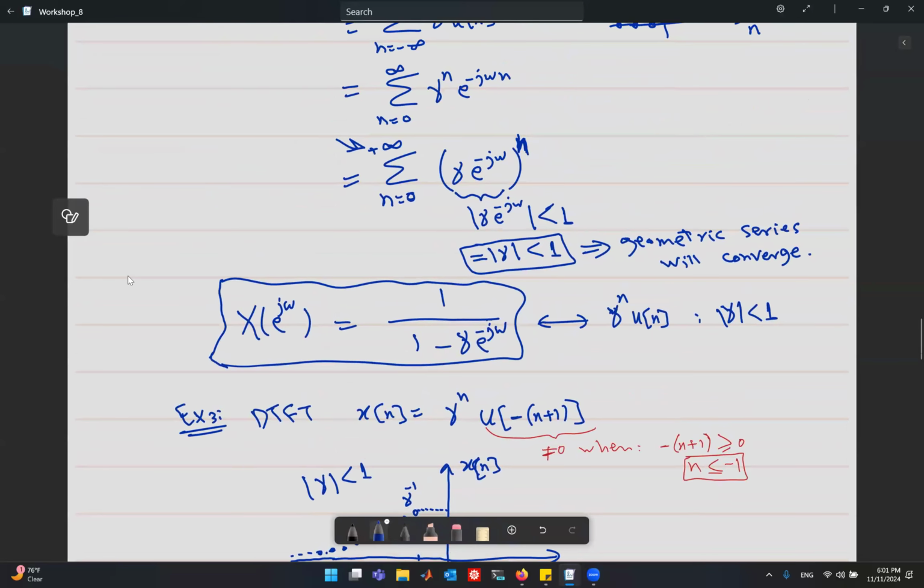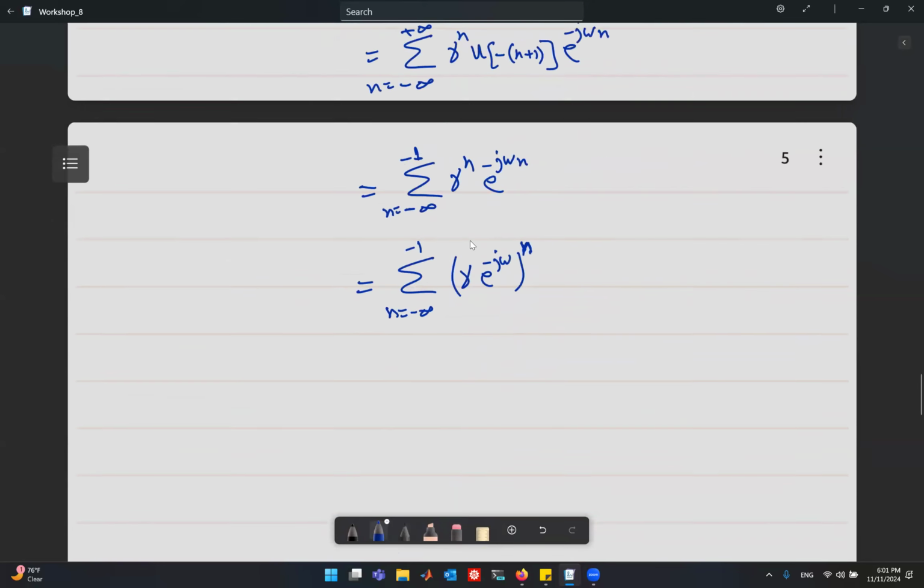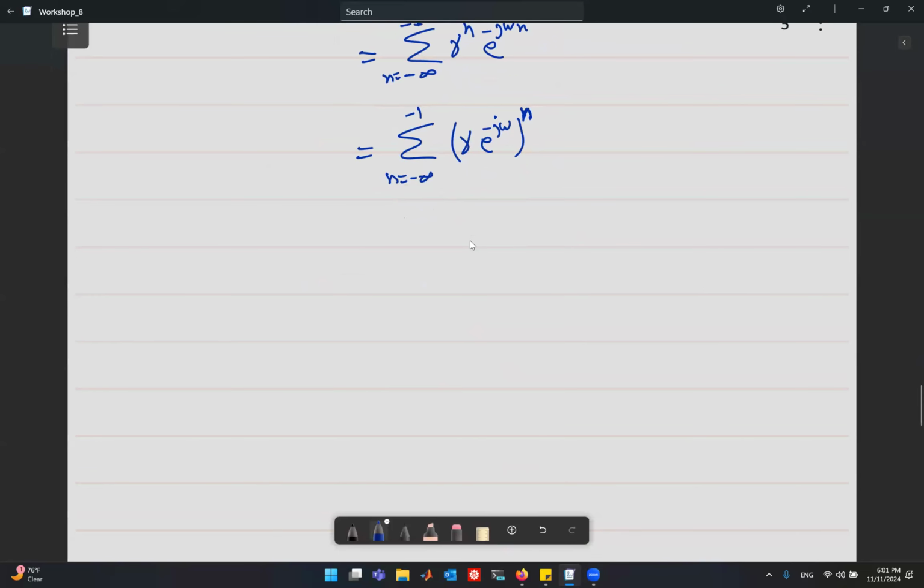Let's define a new variable m equal to minus n. So the summation limits will be flipped, and we'll have m from 1 to plus infinity of gamma e to the minus j omega to the power minus m, because n equals minus m.